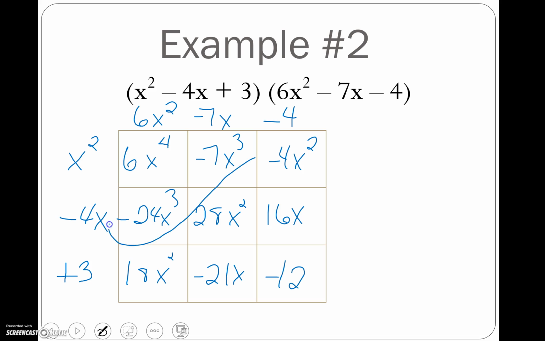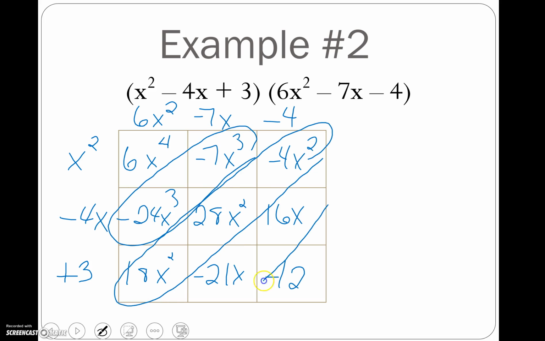Now, since this is a little bit larger, we're going to be combining a couple things a little bit more, especially in that middle diagonal. But we're still going to combine just like we did before. The 6x to the fourth has nothing to combine with, so I'm bringing it down. The negative 24x cubed and negative 7x cubed combine and give us negative 31x to the third power.